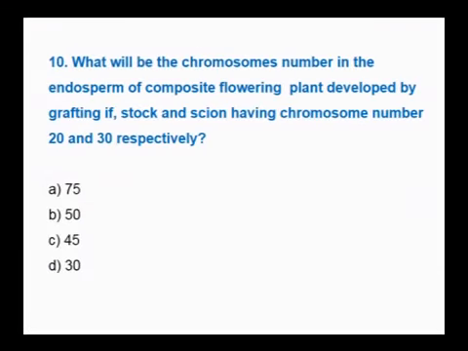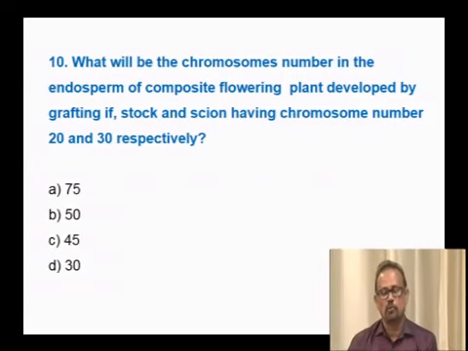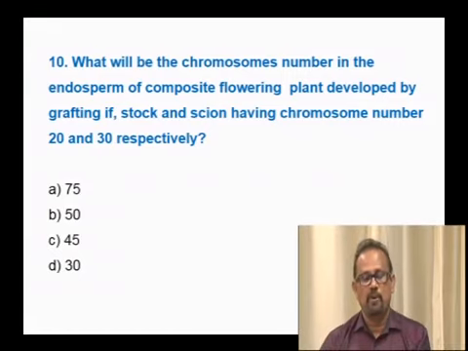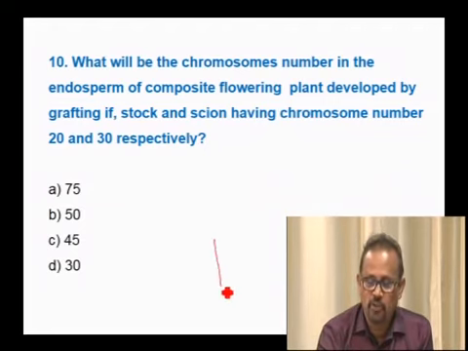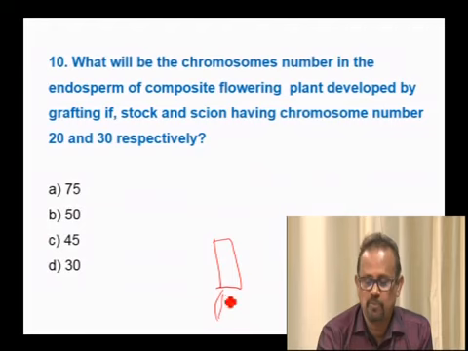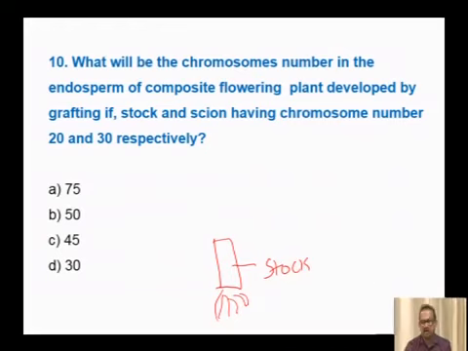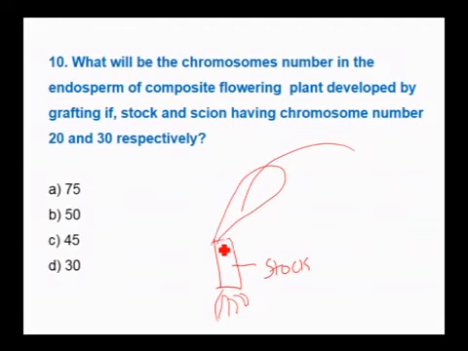Next question. What will be the chromosome number in the endosperm of a composite flowering plant developed by grafting if stock and scion have chromosome numbers 20 and 30 respectively? During the process of grafting, you have to select a plant which can absorb better nutrients, which is called the stock, and the good quality plant which you transfer is called the graft, or you can call it the scion.